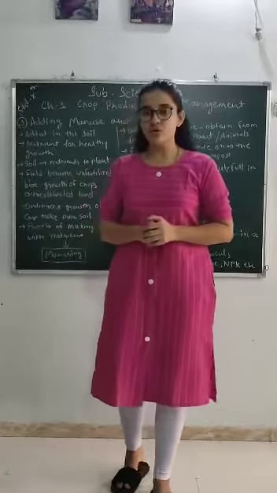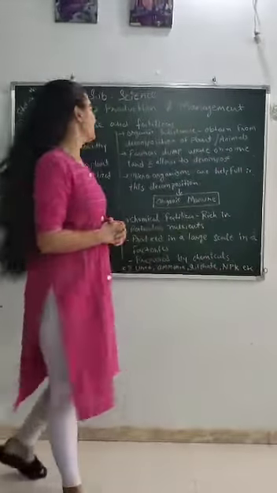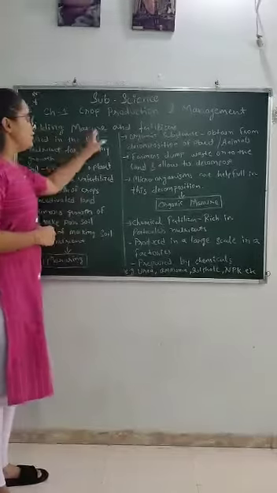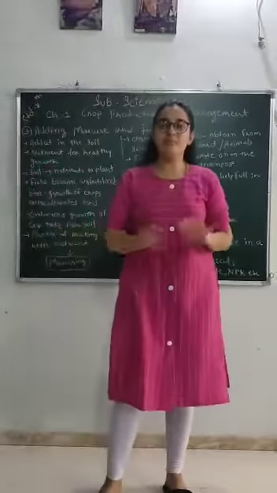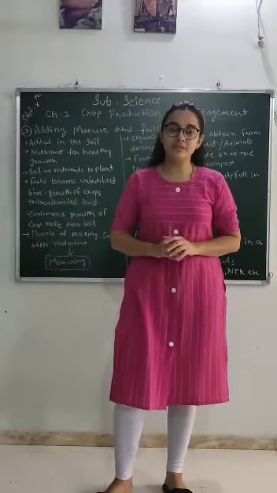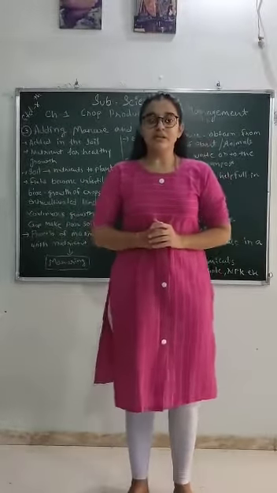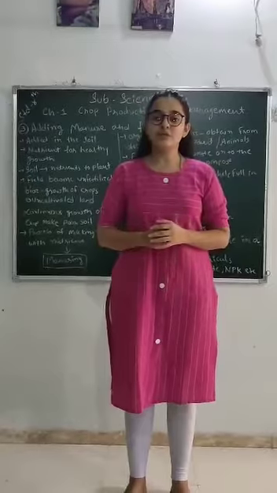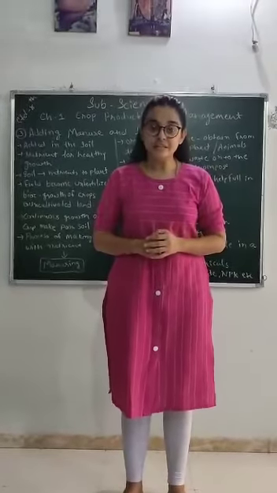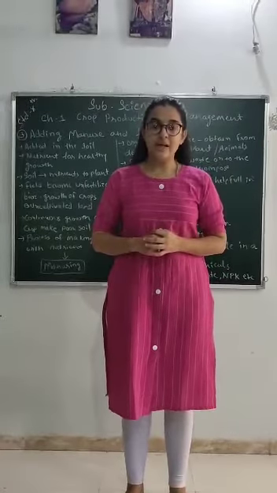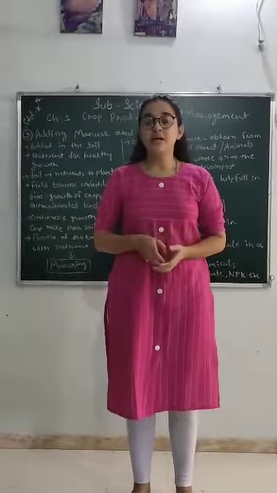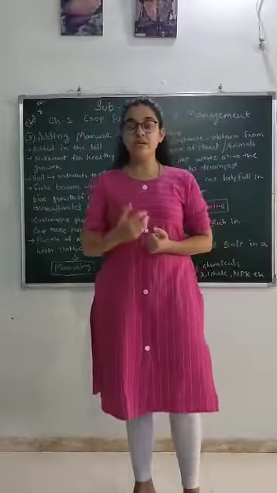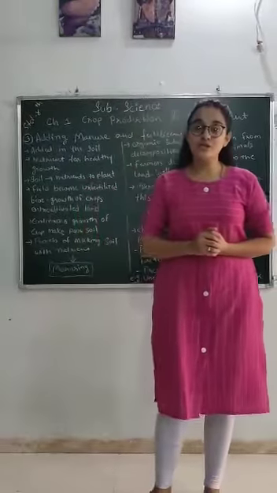Very nice. So our third point is adding manure and fertilization. First, we just completed the preparation of soil. Then after preparation of soil, we sow a seed, and for that we require the right type of healthy seed. After sowing the seed, we have to give nutrition to the seed.